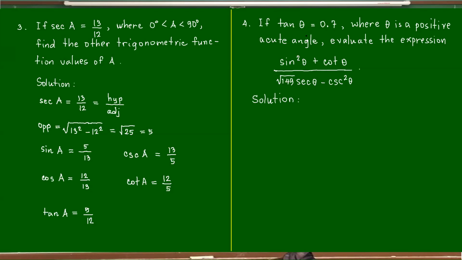First we have to find what we need: sine theta, cotangent theta, secant theta, and cosecant theta. So let's start working on tangent. Tangent theta is equal to 0.7. What am I going to do with the 0.7 so that I can find the other functions I need in order to evaluate this expression?